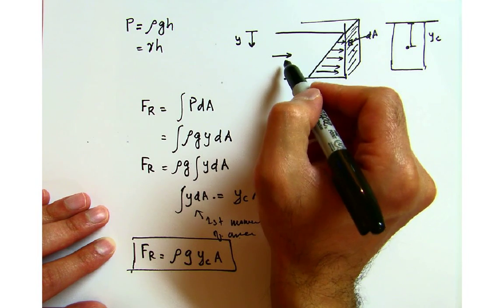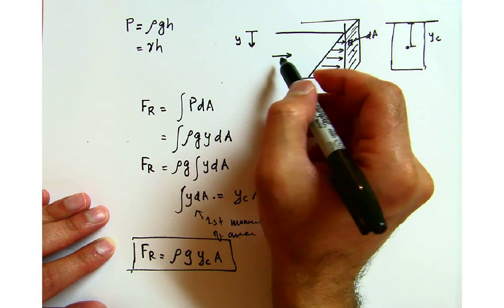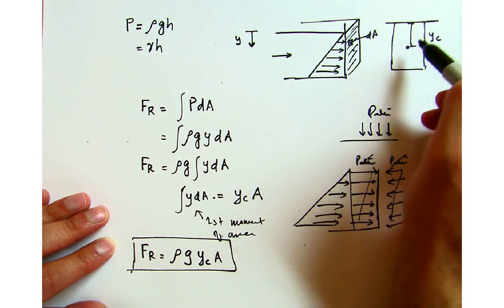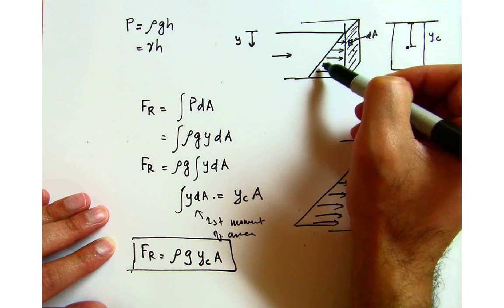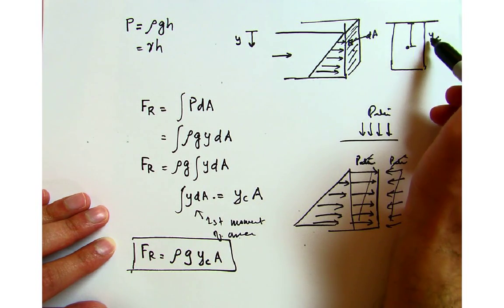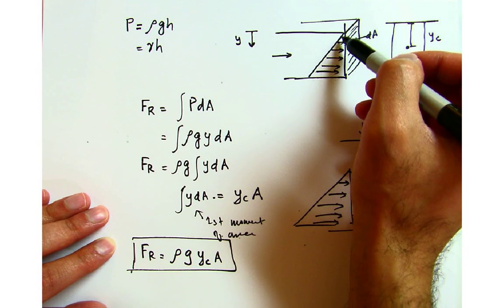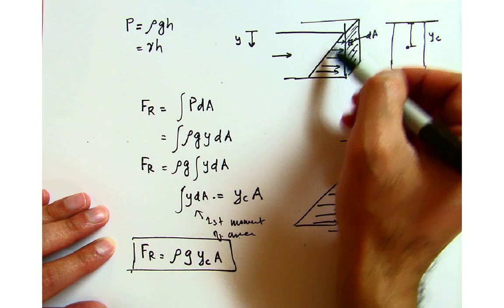What we don't know at this point is where that force will be located, but just to tell you, it will be below this yC because the load is linearly increasing.